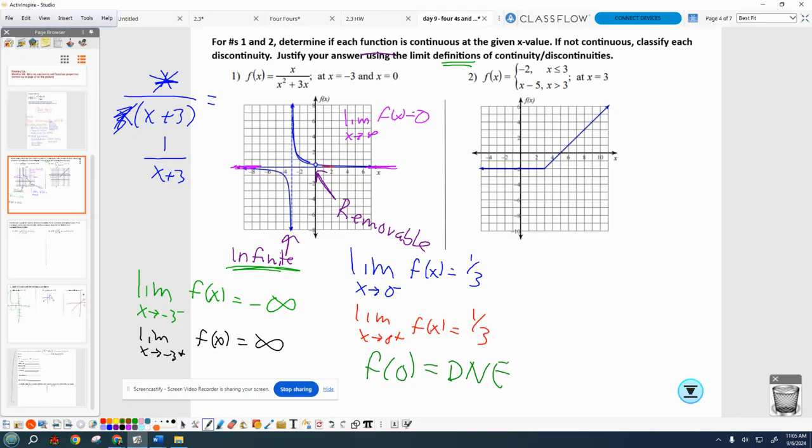Scott. Yep. Oh, this is right there with one thing. It's junk, but you didn't finish telling me why. To say it's junk, you need to say the left and the right are going to different values.